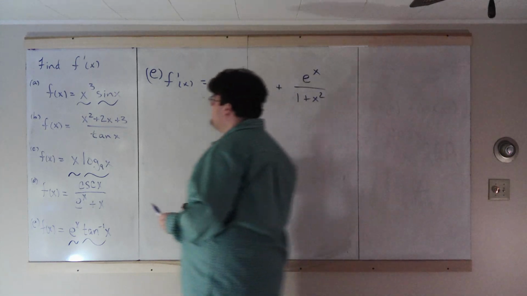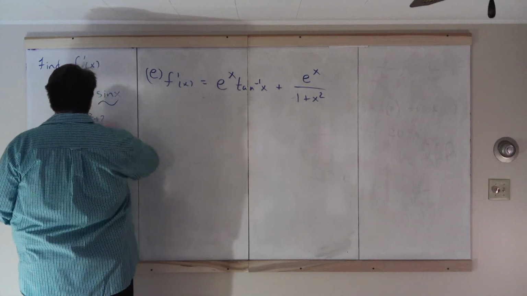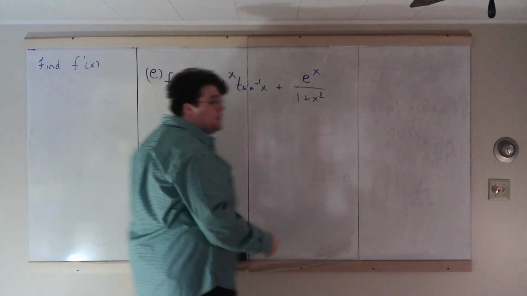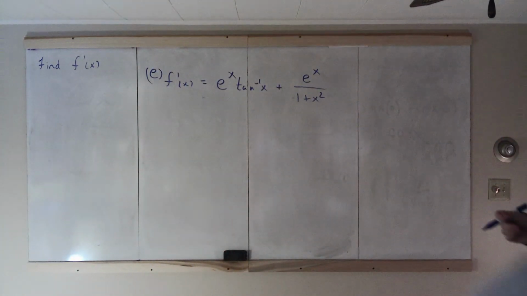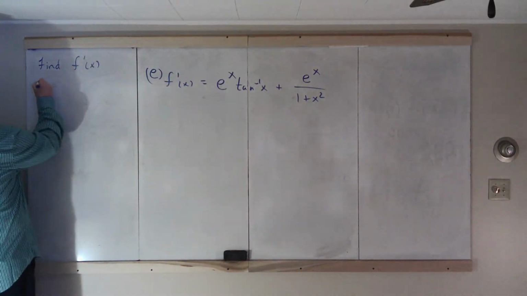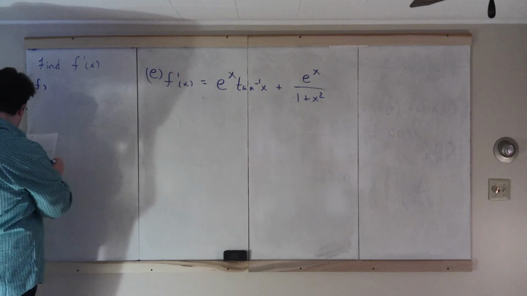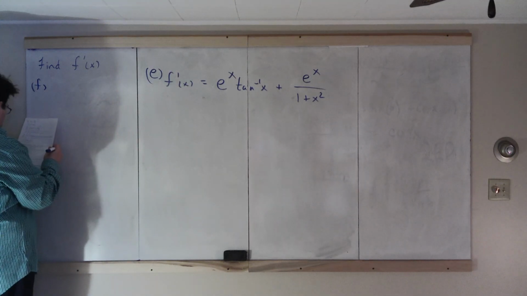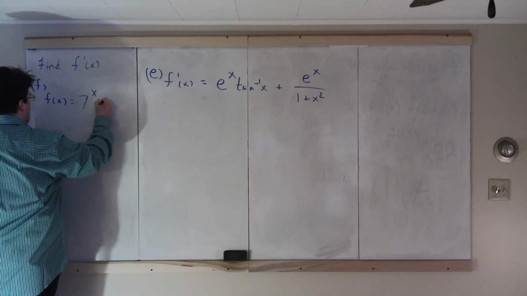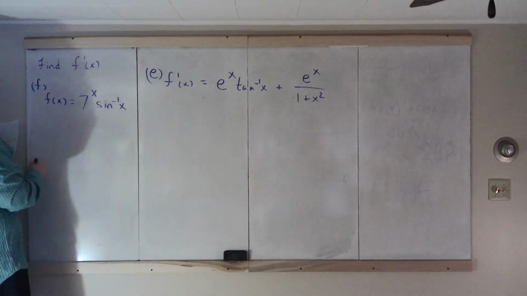Let's do a couple more of these. Let's see, we didn't do a natural log, we didn't do a general exponential. Let's do another trig too. F: 7 to the x inverse sine of x.